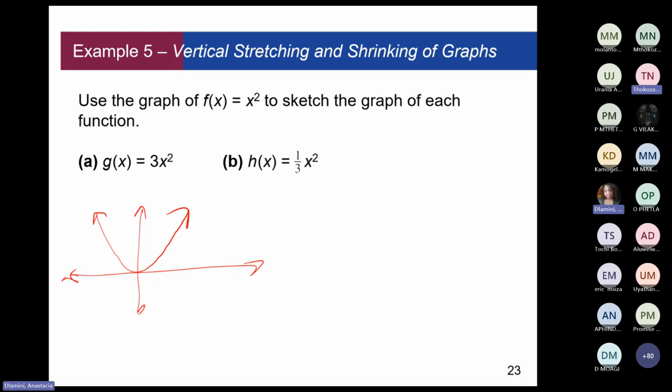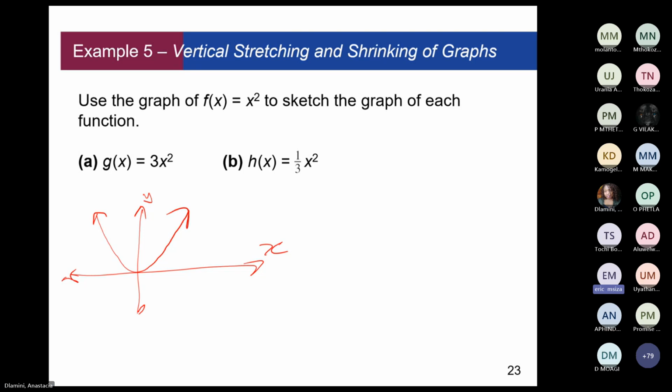Not in the x. Remember, it's not moving in the x-axis. When you're stretching a balloon, does it become thinner or thicker, guys? It becomes thinner. So when you're stretching a balloon, it becomes thinner.